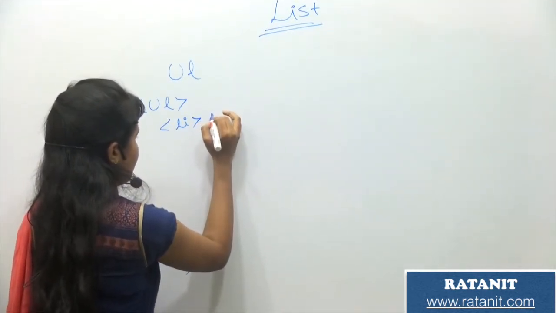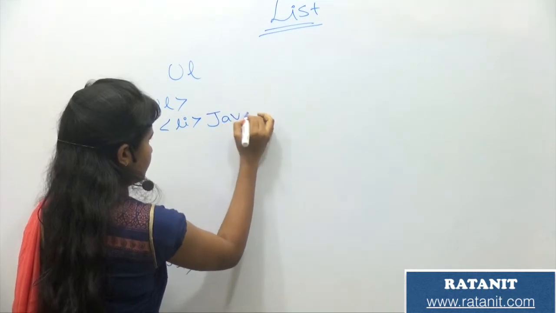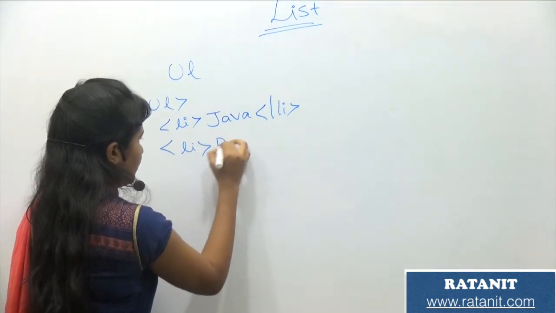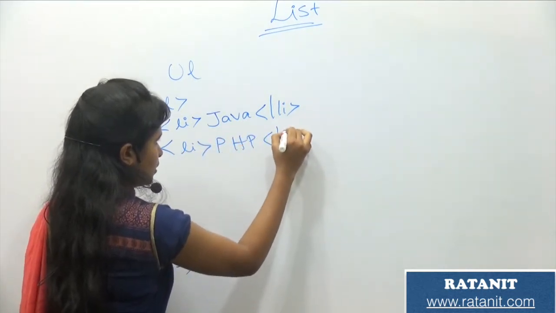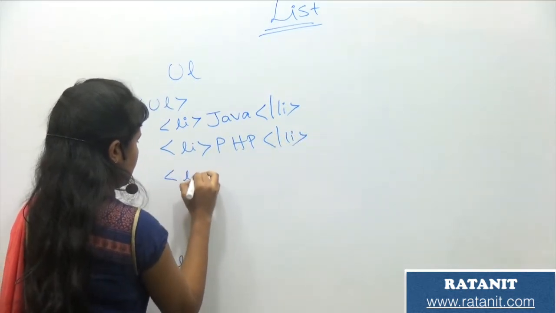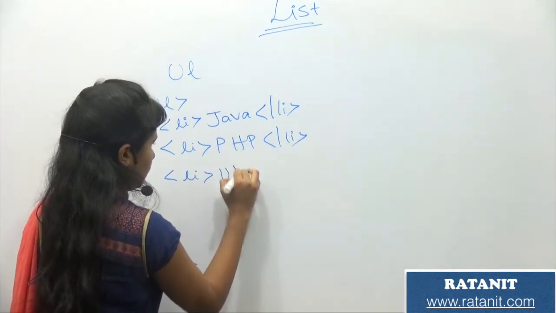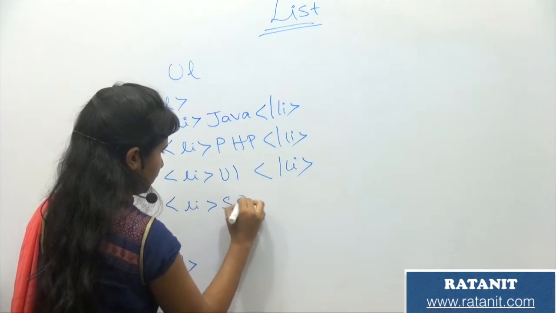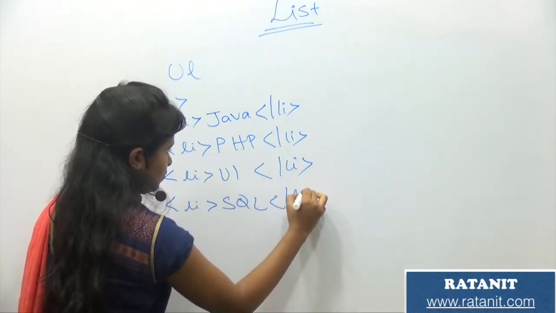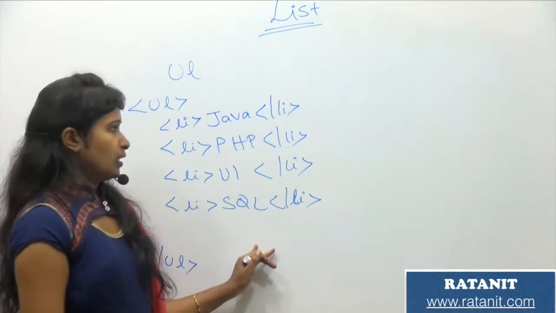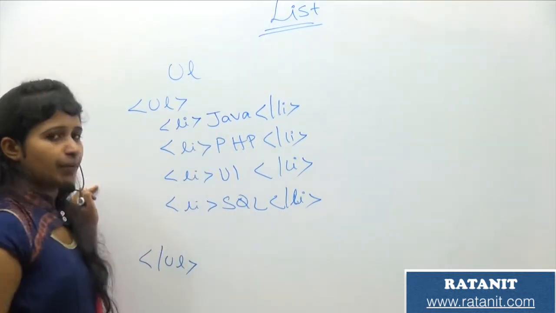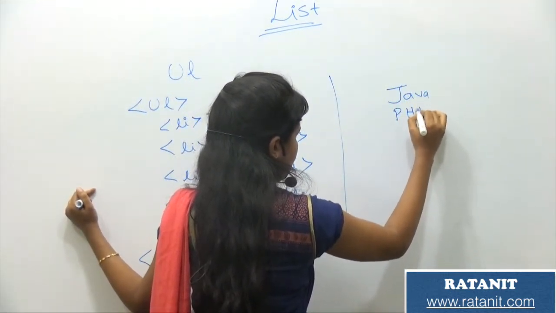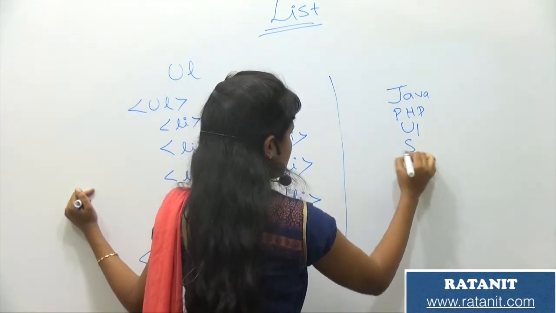Might be Java, and I am closing this list item, and I am having PHP, and I am closing this list item. And I am closing this list item. See, in unordered list I am having 4 list items. My output should be Java, PHP, UI, SQL.